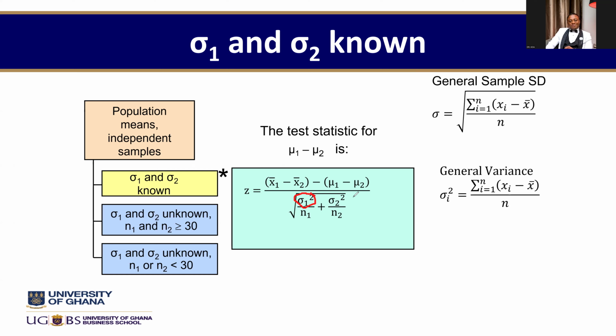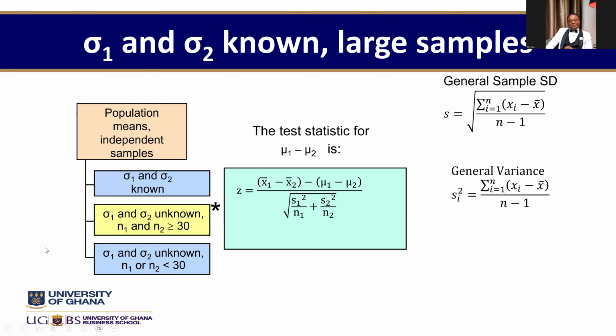There's a variance from the first group and the variance from the second group. And the formula for calculating this variance is what you have on the right side. So that is when the population standard deviation is known. Now, when the population standard deviation is not known and we are in large samples, we are still going to use the Z.